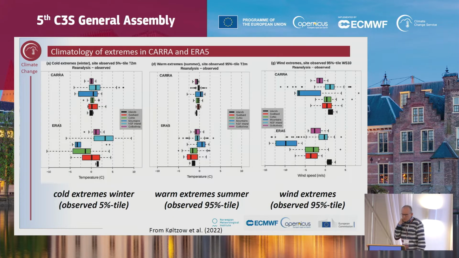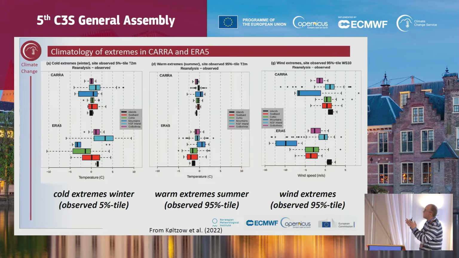And this is a similar example from CARA for different types of extremes, but just focus on the cold extremes during winter to the left here. The different colors are different regions with different characteristics, and the box plots span the difference in the 5th percentile of the temperature during wintertime between observation and the reanalysis.